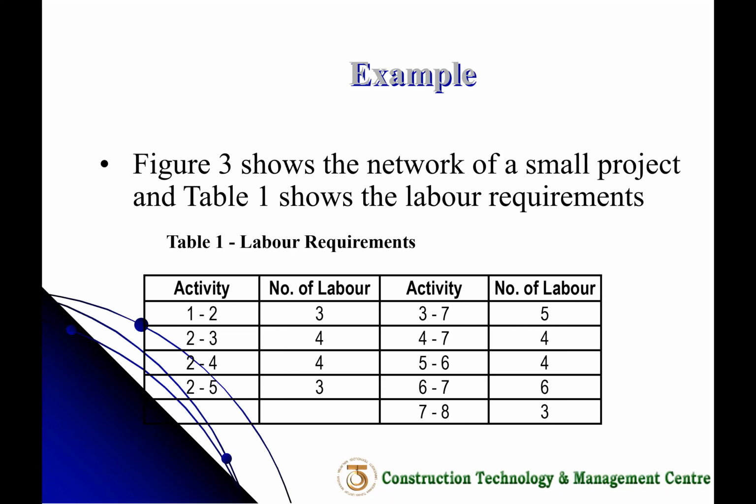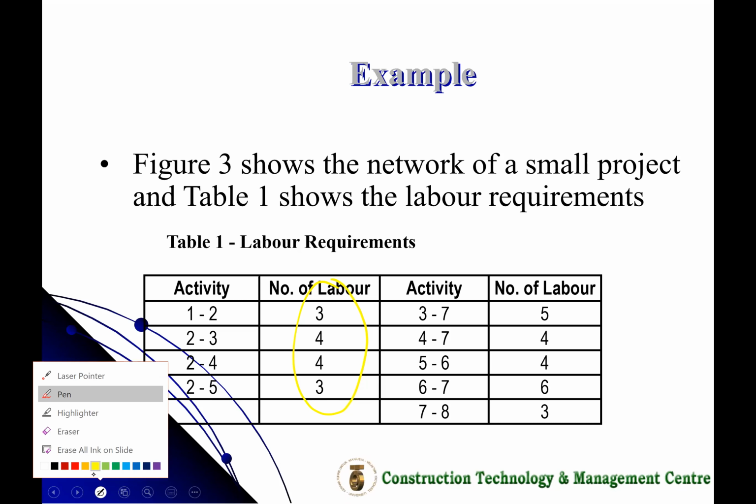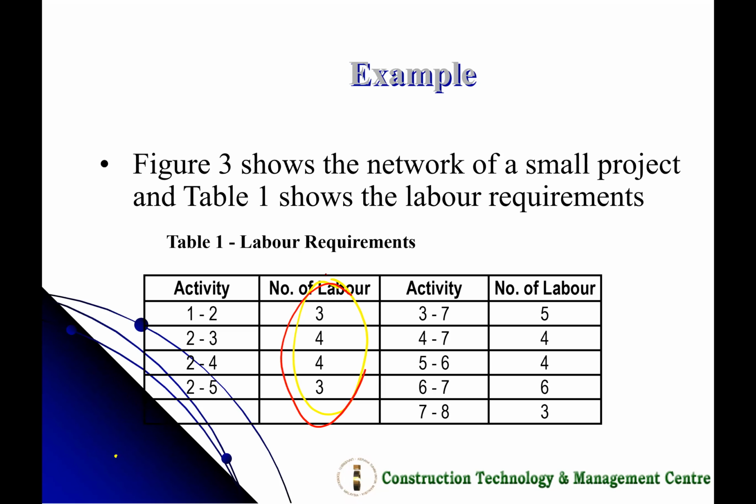In this example, normally activities are given, predecessors should be given, and the number of laborers. So you notice the number of laborers is now given. Previously, when we did the planning and scheduling, we never input any laborers, we just input the duration.